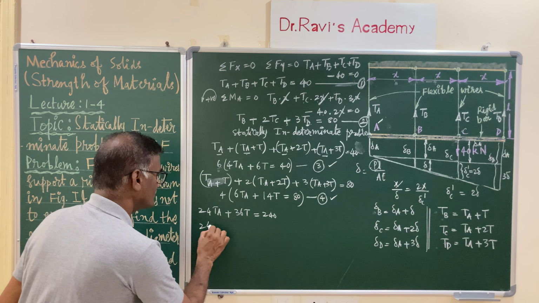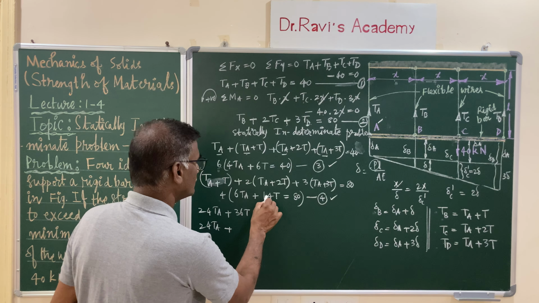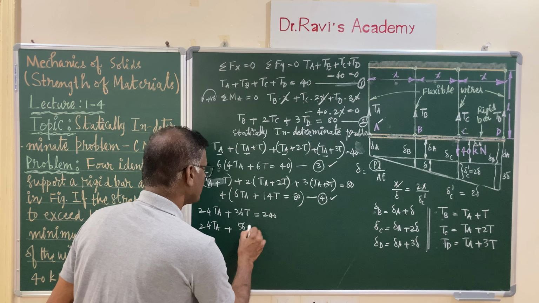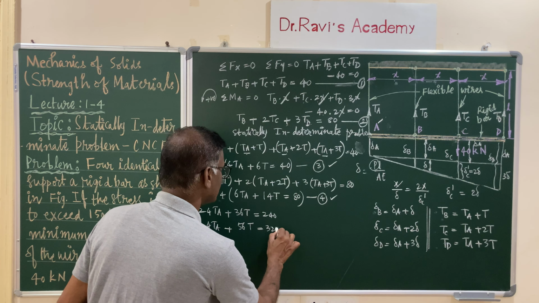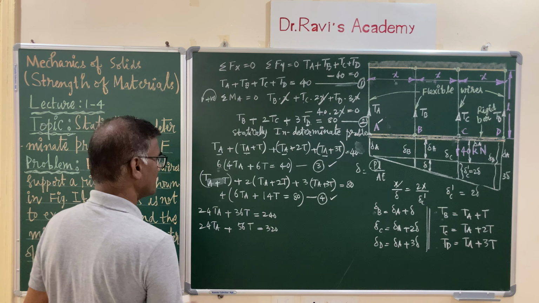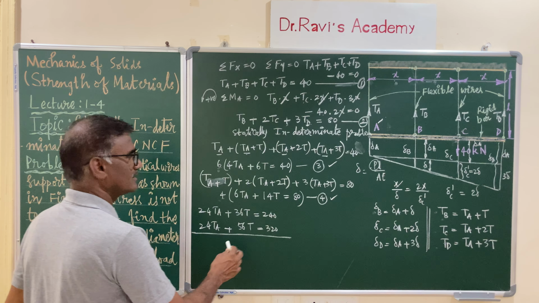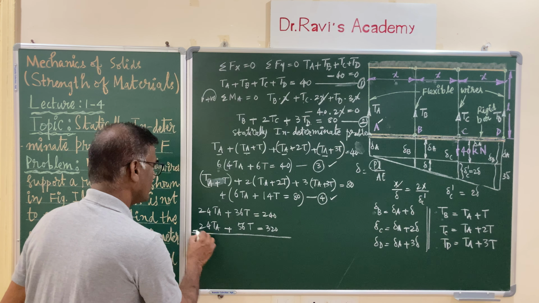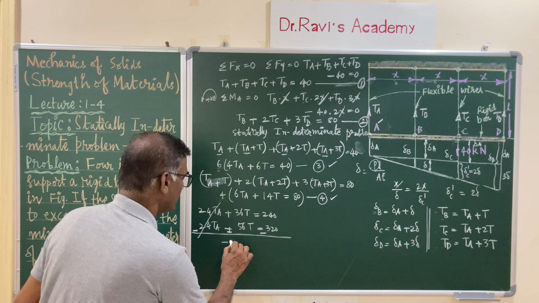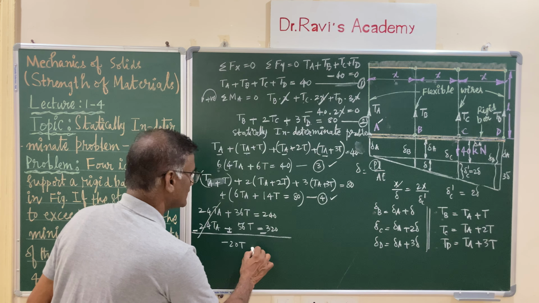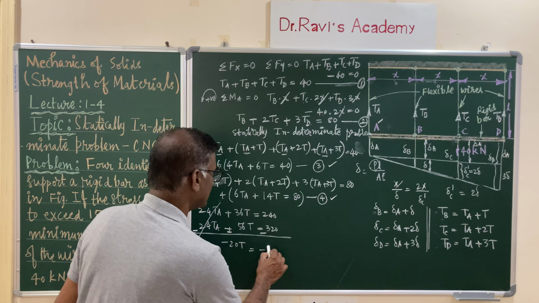This TA gets cancelled, and this is minus 20T equal to minus 80.